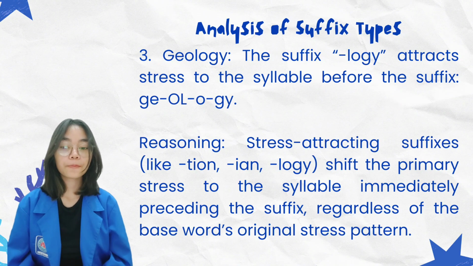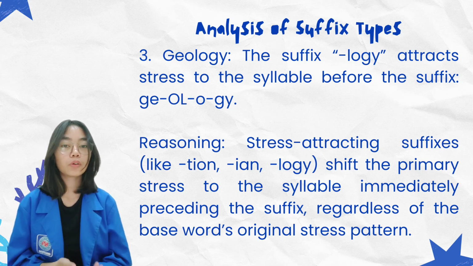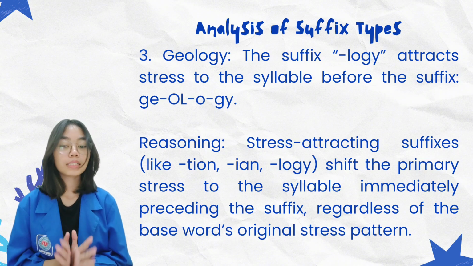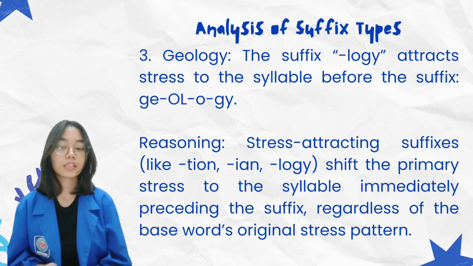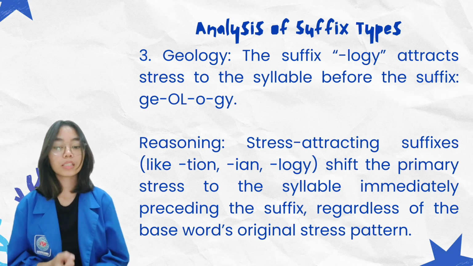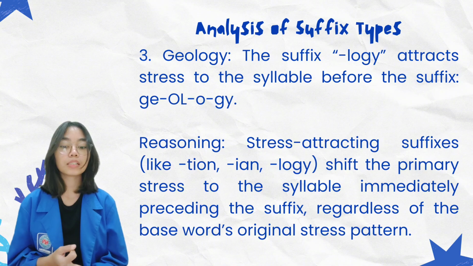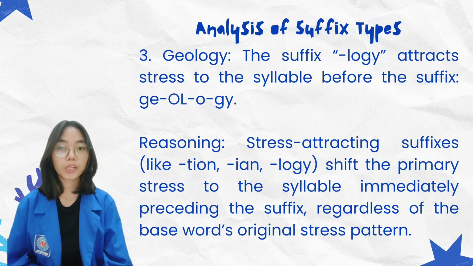Number 3, "geology". The suffix "-logy" attracts stress to the syllable before the suffix, "geology". Reasoning: stress-attracting suffixes like "-tion", "-ian", "-logy" shift the primary stress to the syllable immediately preceding the suffix, regardless of the base word's original stress pattern.